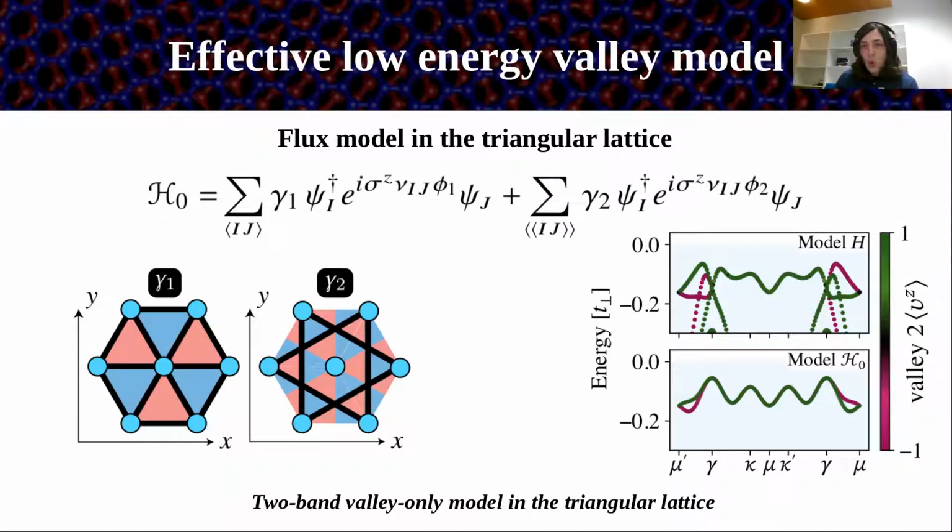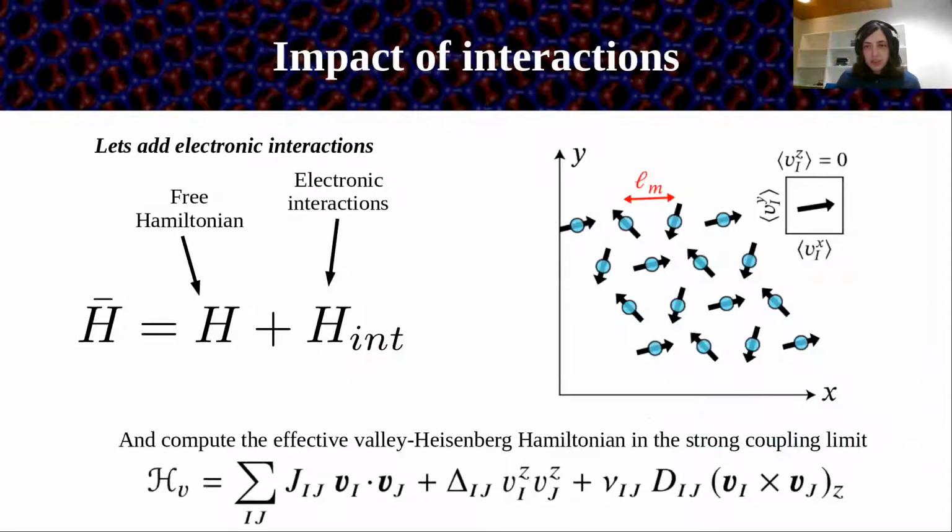Now, if you have your low energy model, you can include interactions on top of it. And once you do it, in the strong coupling limit, you essentially will develop local valley moments. And let me emphasize that the spin degree of freedom has completely disappeared at this point. The combination of Rashba spin-orbit coupling and exchange field has completely mixed the spin channel, and the only degeneracy that we have left at low energies is the valley degree of freedom.